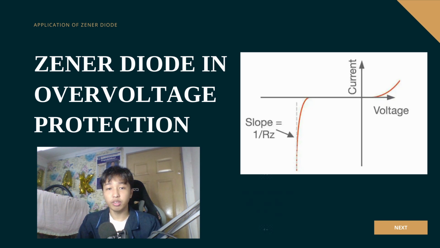A 5.1 volt Zener diode prevents current from flowing in the opposite direction up to 5.1 volts. If the voltage across the Zener diode is greater than 5.1 volts, current can flow through it. Because of this, the Zener diode is a great overvoltage protection component.